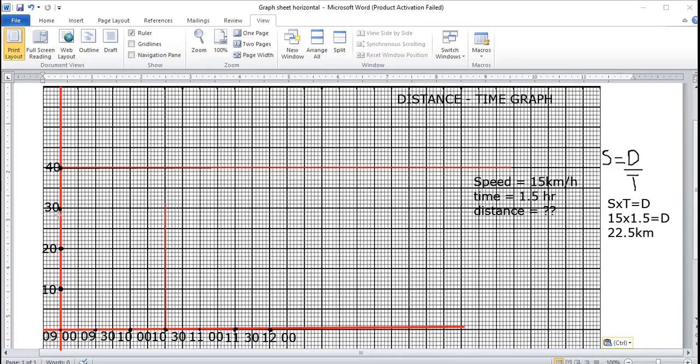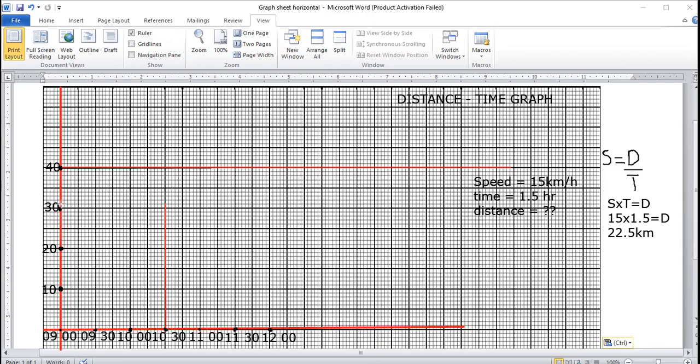Now, for 22.5, as you can see on the y-axis, there is a difference of 10 units between two given values. From 10 to 20, it is a difference of 10 units. From 20 to 30, again a difference of 10 units. 30 to 40, again 10 units.